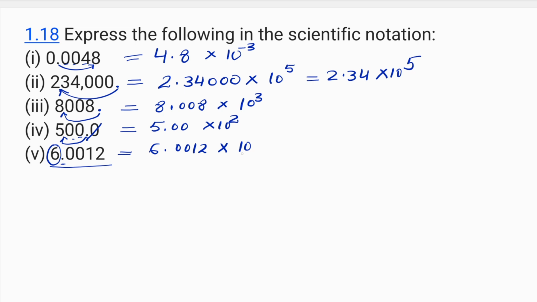But what we have to do is give the power 0 over here, because anything to the power 0 will be equal to 1. So 10 to the power 0 will be equal to 1. So this is how you are going to solve these kinds of questions, where you have to convert any number into scientific notation.